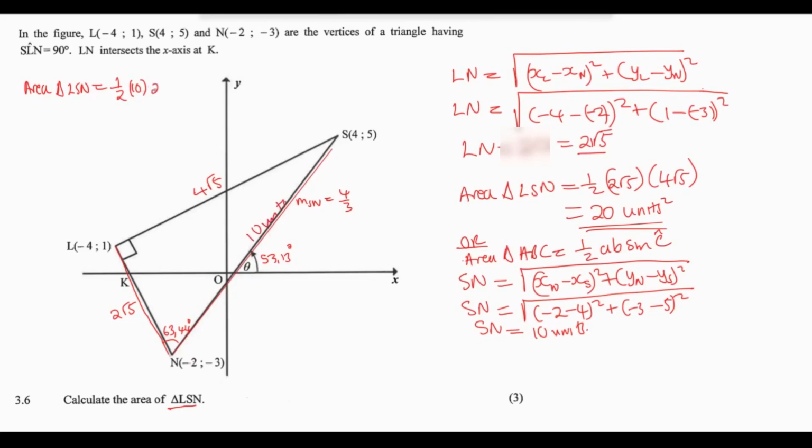Another side, 2 root 5, and then we have our angle, which is sine 63,44 degrees. Then put this in the calculator. Area of triangle LSN is equal to 20.000888152. This is 20 units squared.